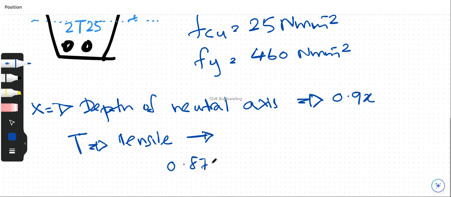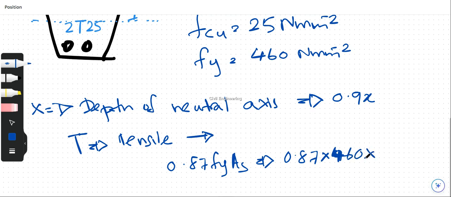We can find it by this equation: 0.87 Fy As, that is equal to 0.87 into Fy equals 460 into As equals 981.7.